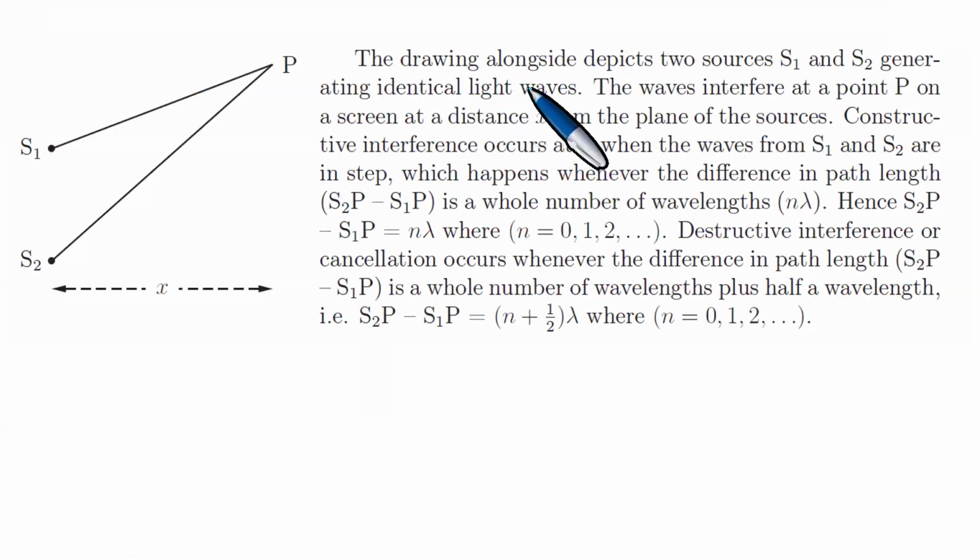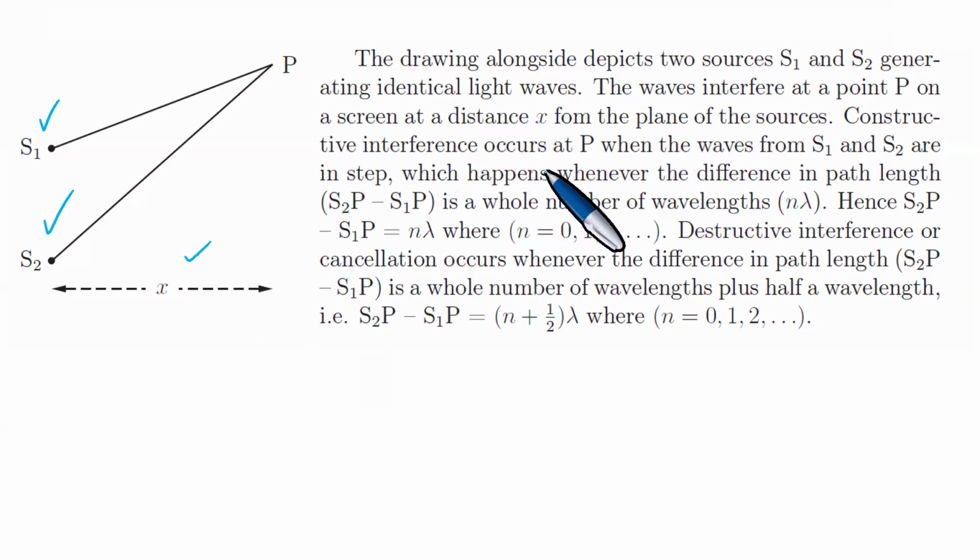Now, the drawing alongside depicts two sources, S1 and S2, generating identical light waves. The waves interfere at a point P on a screen at a distance x from the plane of the two sources.